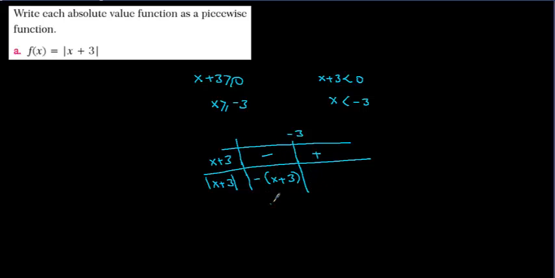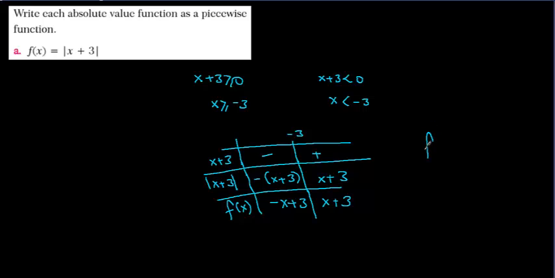Negative and negative is going to be positive. So on this interval, fx is equal to minus x plus 3. And here, when the values are greater than minus 3, the function is positive, so you are not going to change the sign, because if the number is positive, you don't need to do any operation. So fx is going to be equal to x plus 3 there.